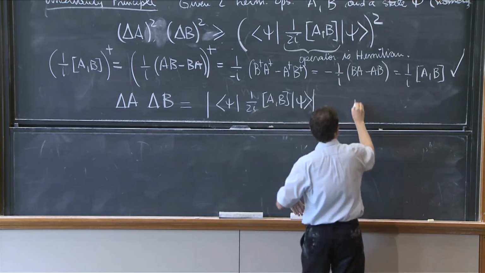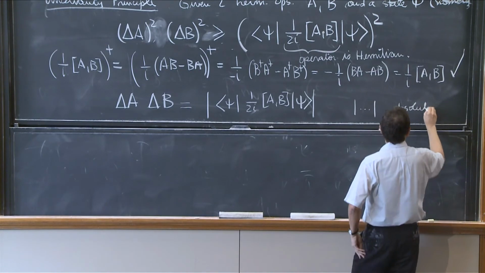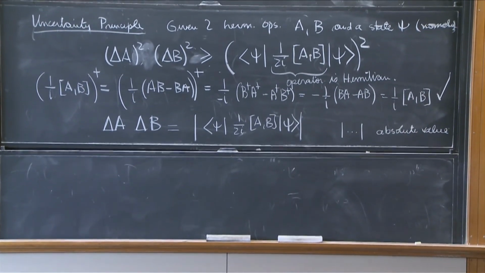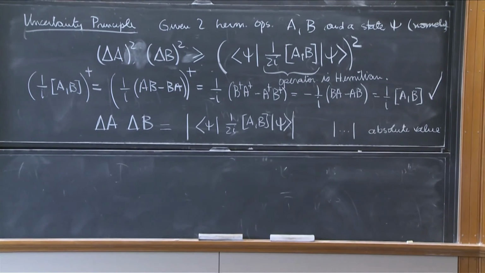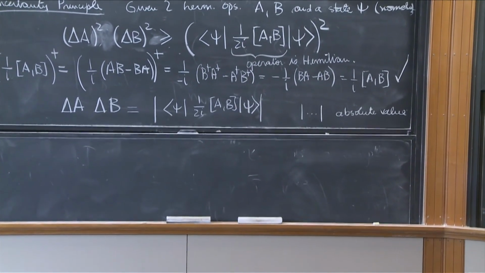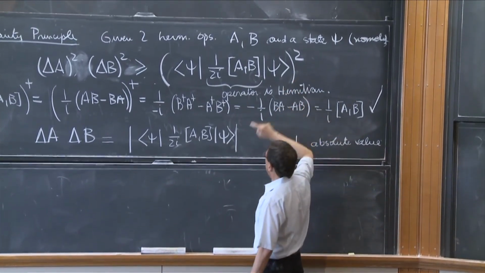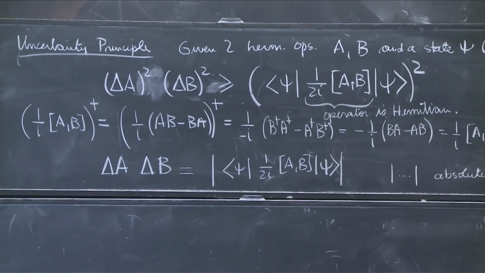And these bars here are absolute value. They're not the norm of a vector, and not the norm of a complex number. They're just absolute value because the thing inside is a real thing. So whatever you like better, you've got here the statement of the uncertainty principle.